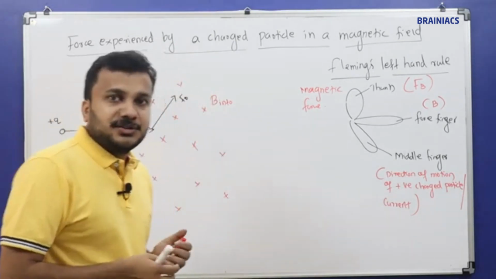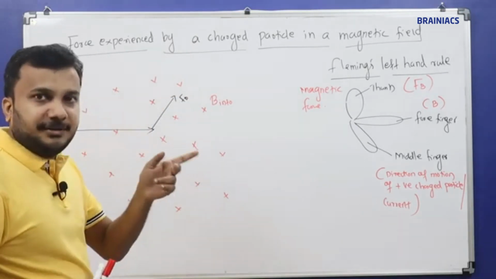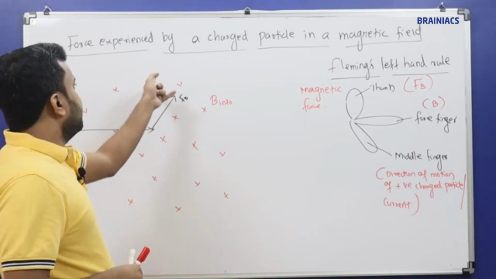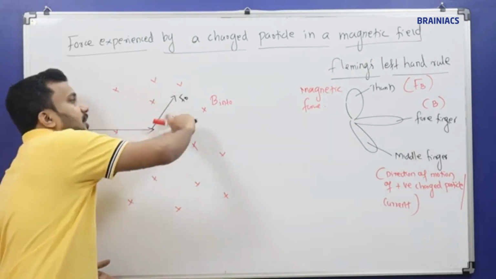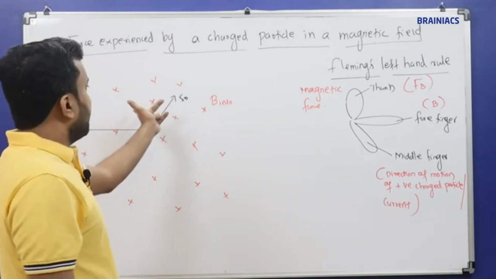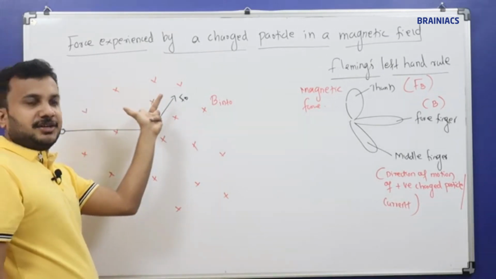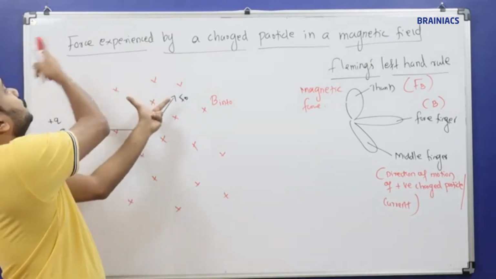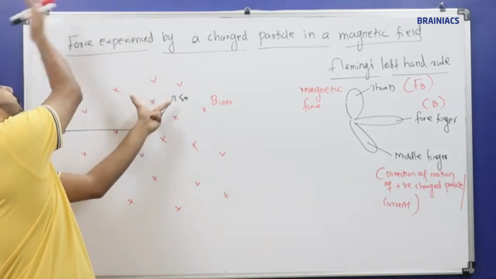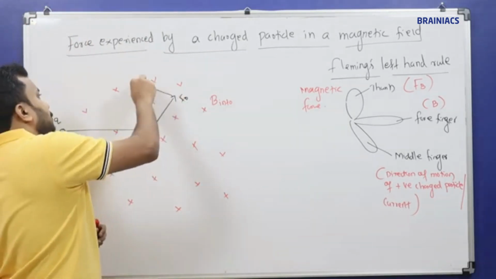Once the charged particle is moving in this direction, again I apply Fleming's left hand rule. The thumb is going in this left direction, so the charged particle starts to move like this.